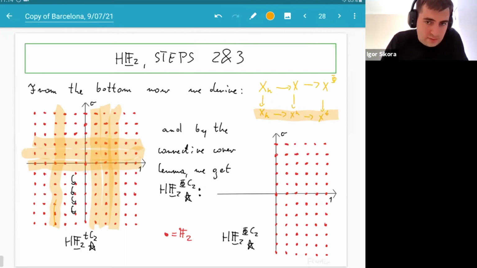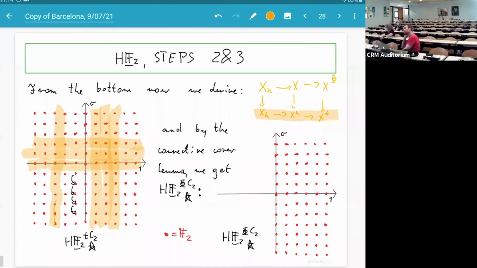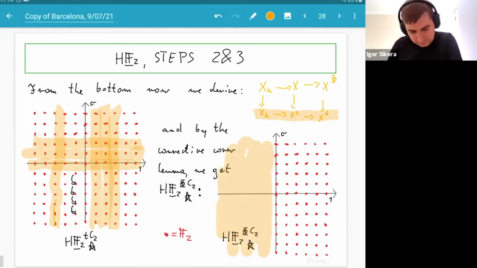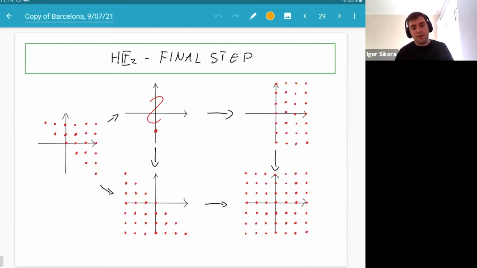So by the connective cover lemma, this is our step 3, we compute the coefficients of the singular C2 spectrum. These are just the same as the coefficients of the Tate spectrum, but after cutting everything with fixed degree below 0. Okay, so we have computed all of the entries of the Tate diagram.